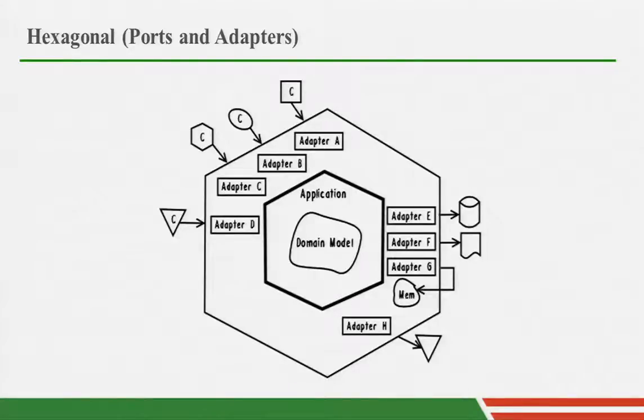Likewise, going toward the outside again, we have adapters that are like our repositories. Maybe this goes to a SQL database, maybe this one goes to a key value store, maybe this one is an in-memory data grid like GemFire, and this is where our messages go out through RabbitMQ again. And so I think that the hexagonal ports and adapters architecture is a much more fitting one.